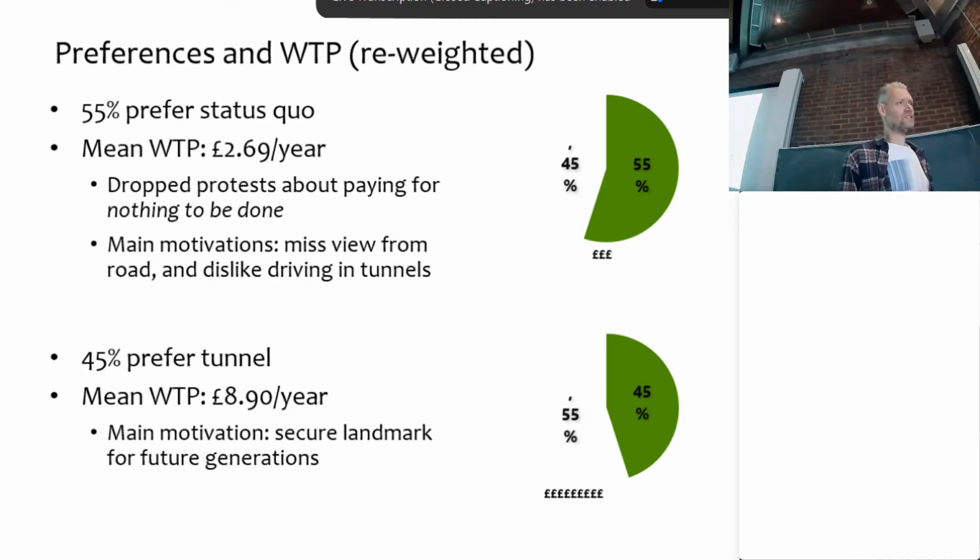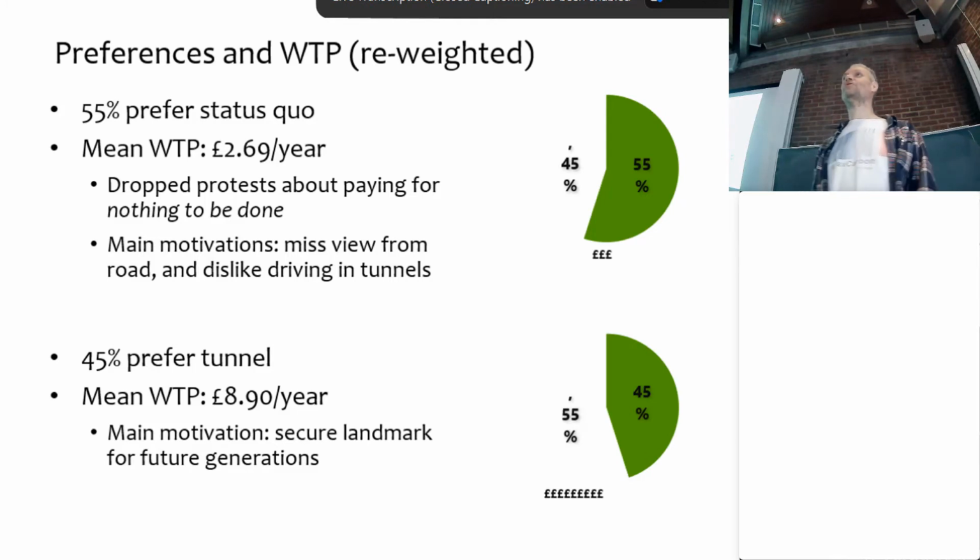The answers were for the status quo, and this is a somewhat surprising answer, that people who preferred to keep things as they were nonetheless were prepared to pay £2.69 to keep it that way.